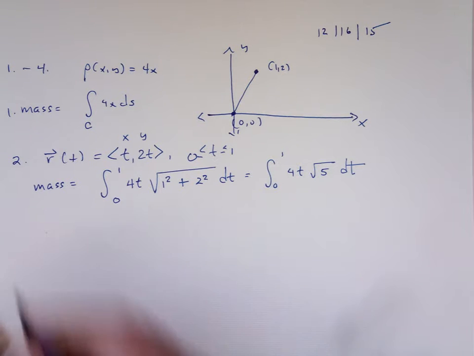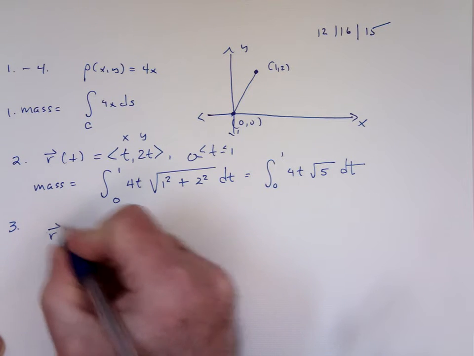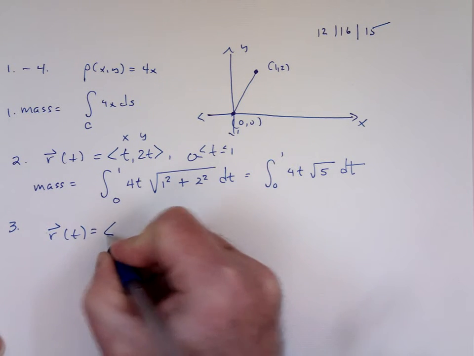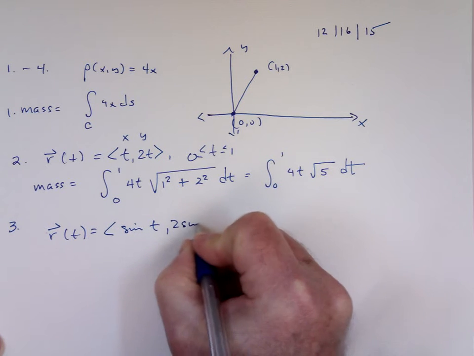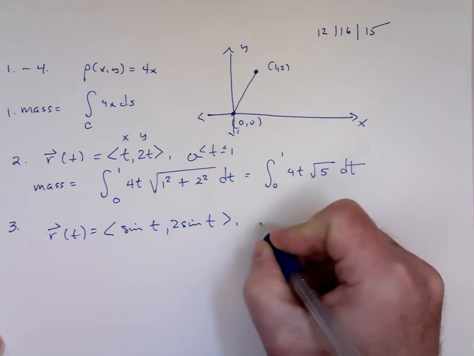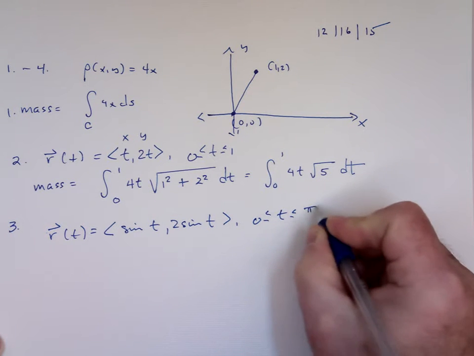If we use a different parameterization, we get a different looking integral, but the outcome would be the same. Here t goes from 0 to pi over 2.